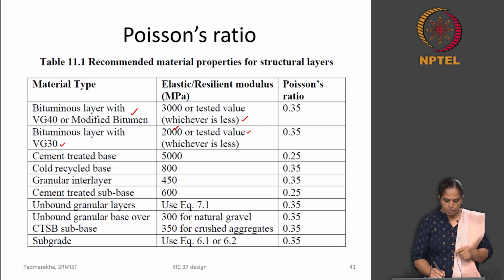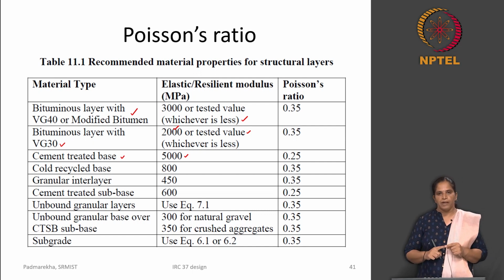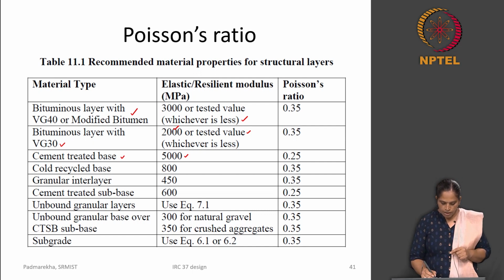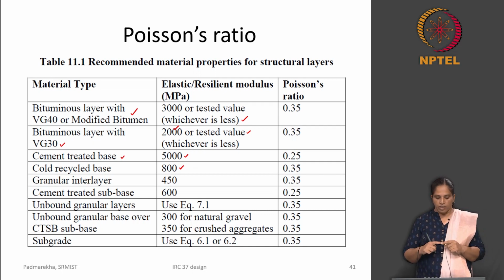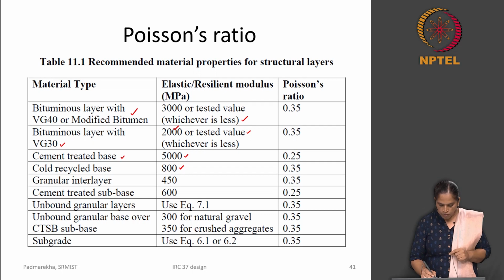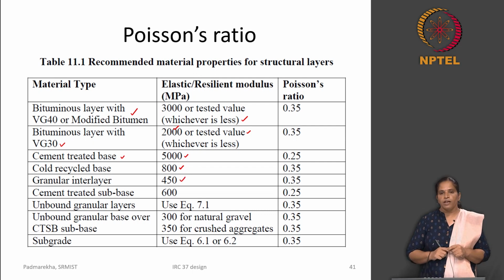For a cement treated base, we use 5000 megapascal, and for a cold recycled base course, we use 800 megapascal. For a granular layer or a crack relief granular layer, we use 450 megapascal. If it is a cement treated material but used in the subbase, it is 600 megapascal.